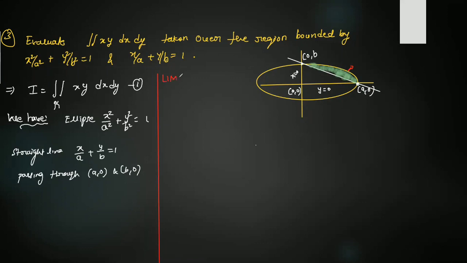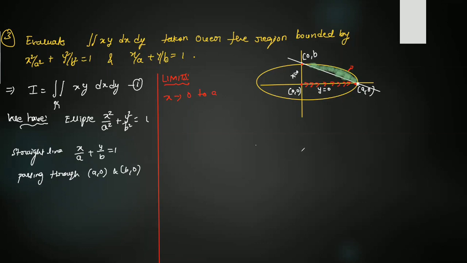What are the limits? Take x as a base. X varies from this point till where? Till a. 0 to a.